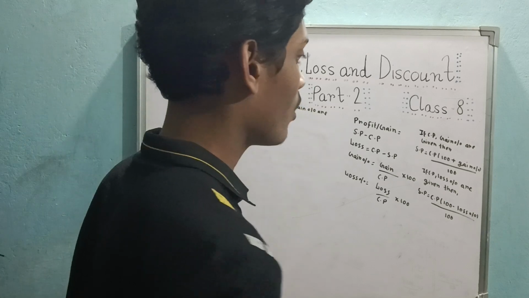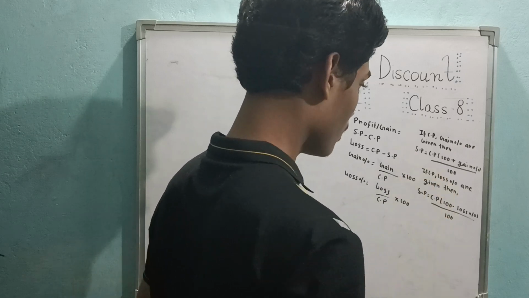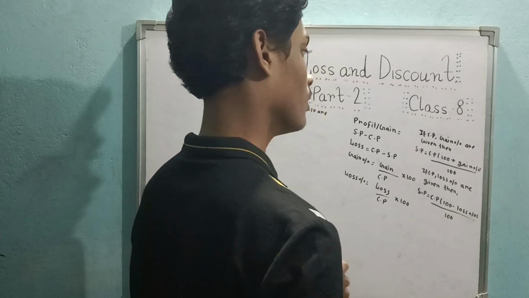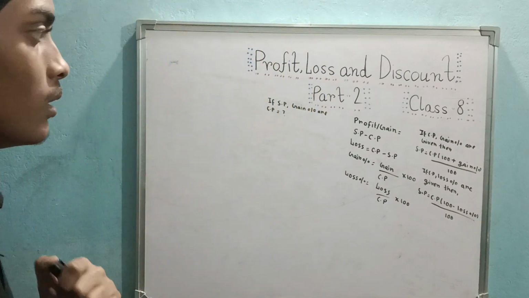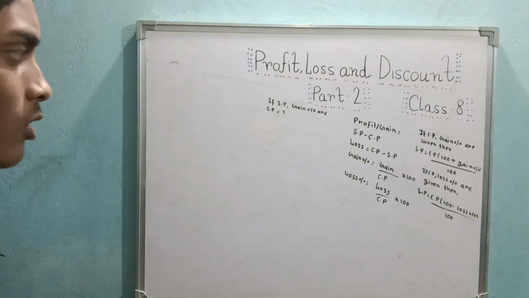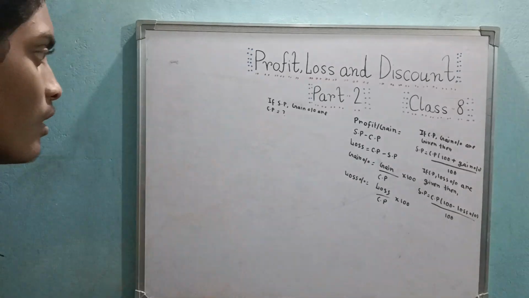Now see, in this formula, suppose you have been given the SP and the gain percent, but you are not given the CP. So you can say that we can just shuffle them and get the answer. Okay, accepted. But what if I show you a slight magic? Not magic, you will be able to understand what it is. See this thing.